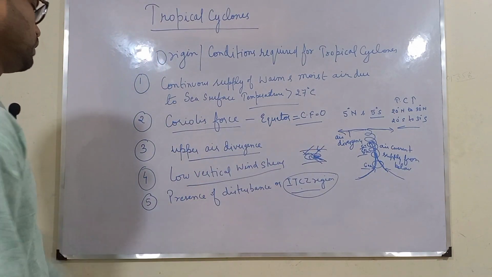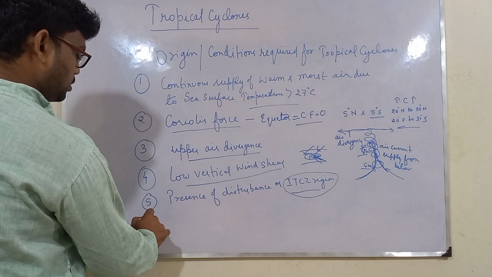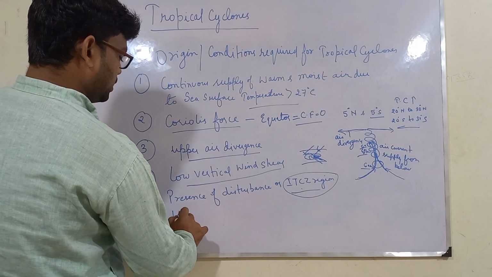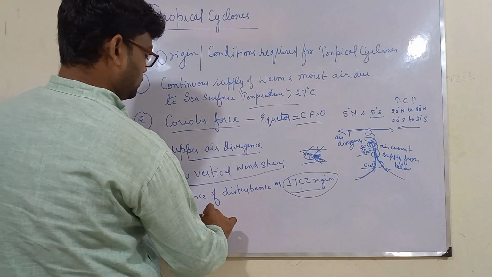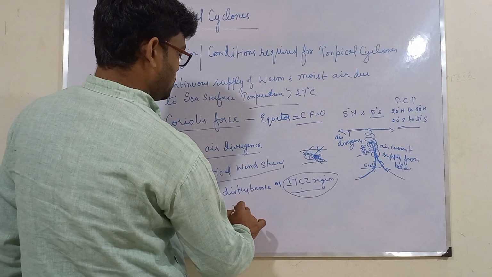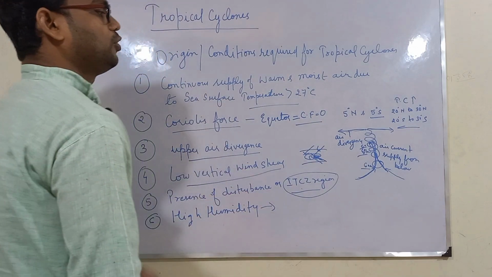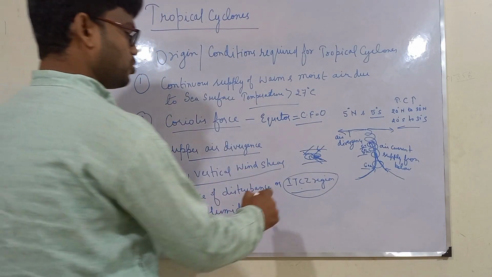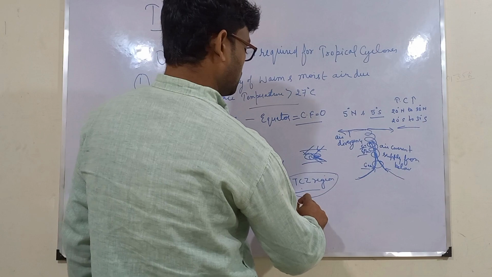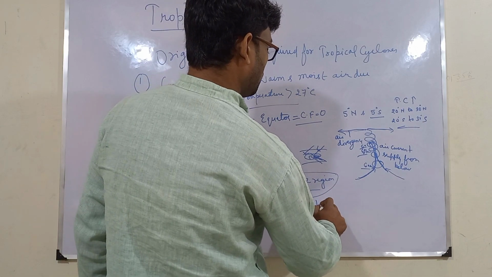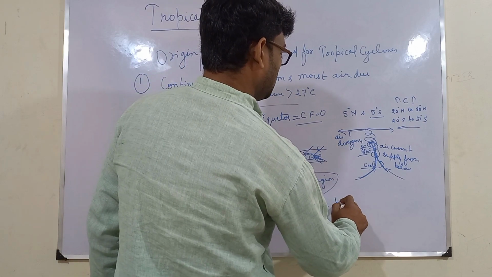So this is the fifth one. And the sixth one is presence of high humidity. High humidity here means a greater amount of moisture should be present in air.